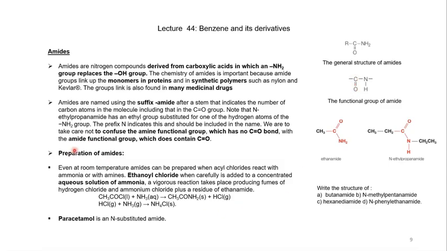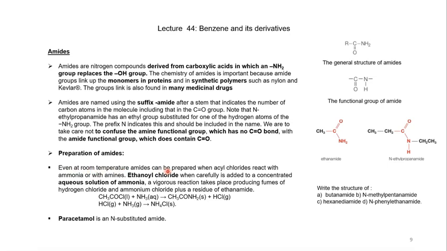Okay, how do we prepare this then? We take ethanoyl chloride and react it with ammonia, and we get amide, ethanamide, and then hydrochloric acid. This hydrochloric acid reacts with ammonia and gives ammonium chloride. It's a very reactive compound, even at room temperature.